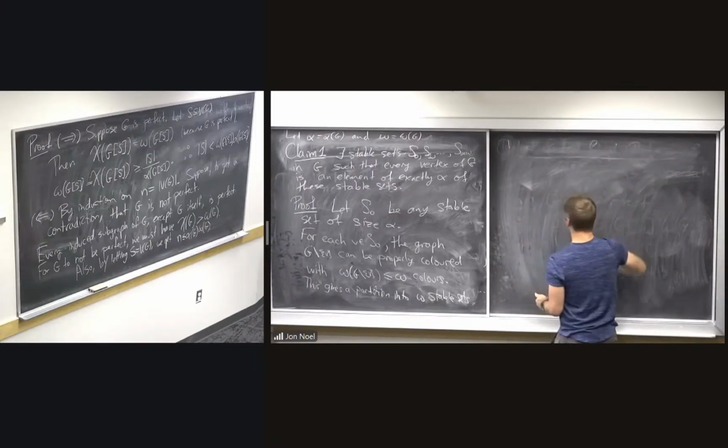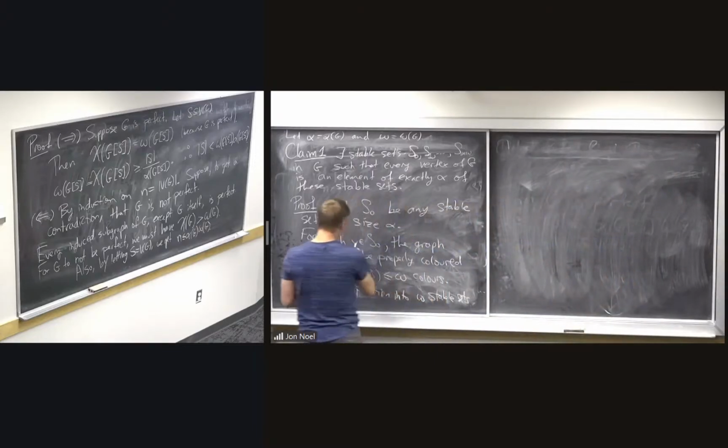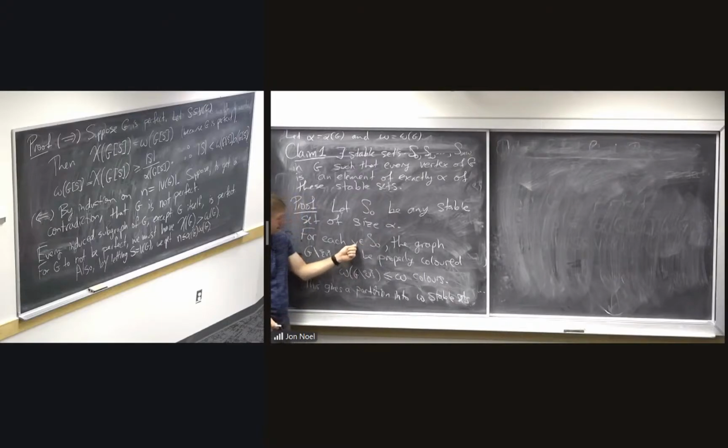But yeah, so if I do that for every single vertex V in S naught, there are alpha of those. And for every such vertex, I get omega stable sets. So it's like alpha times omega stable sets in total.